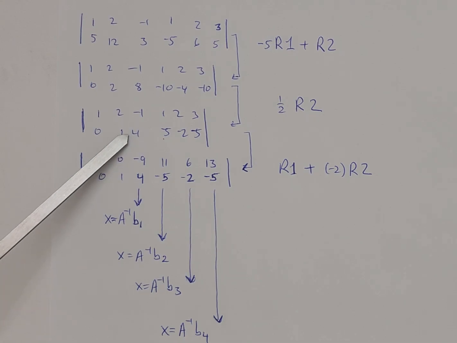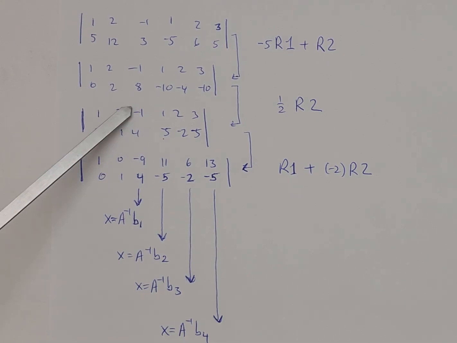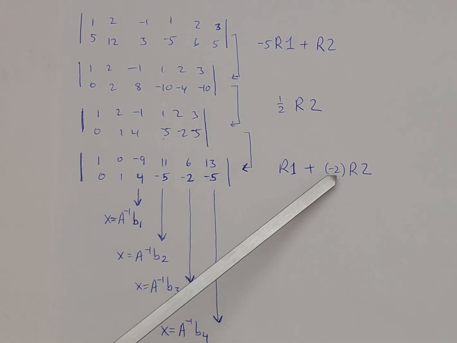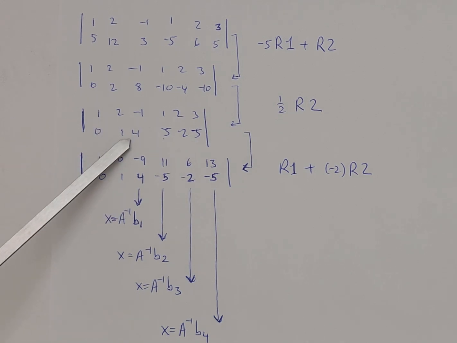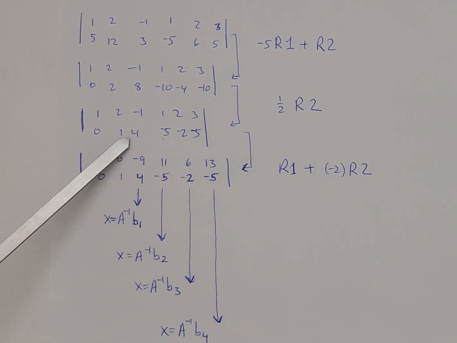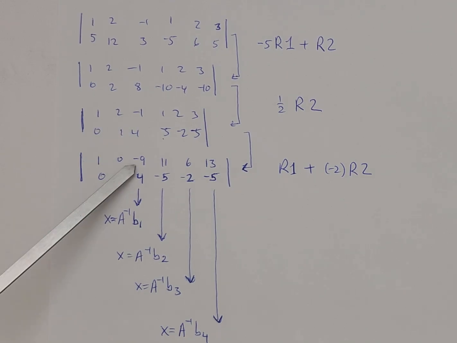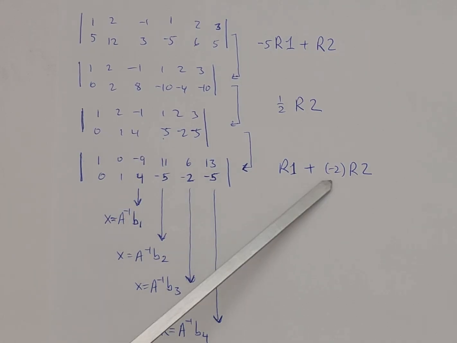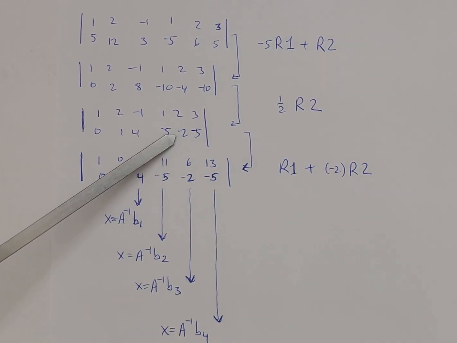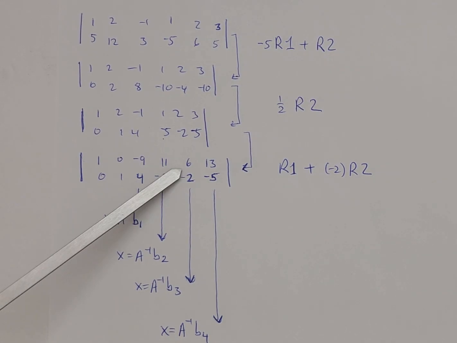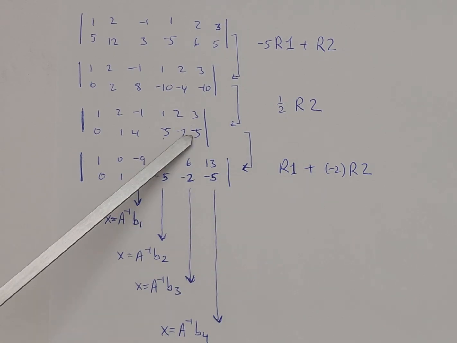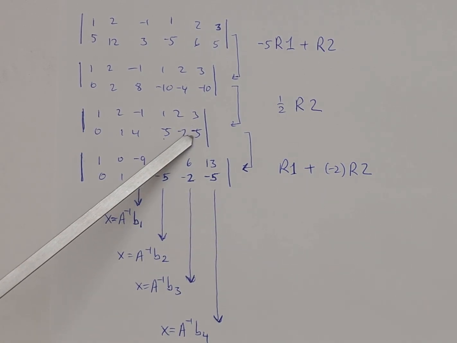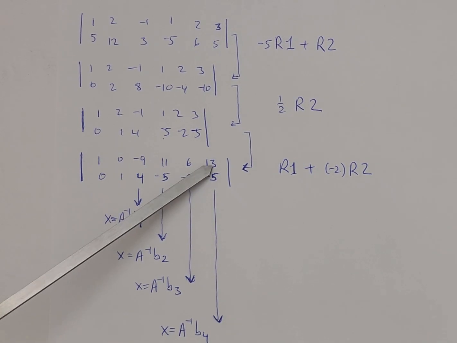Negative 2 times 4 is negative 8, plus negative 1 gives me negative 9. Negative 2 times negative 5 is 10, plus 1 is 11. Negative 2 times negative 2 is 4, plus 2 gives me 6. Negative 2 times negative 5 gives me positive 10, plus 3 gives me 13.